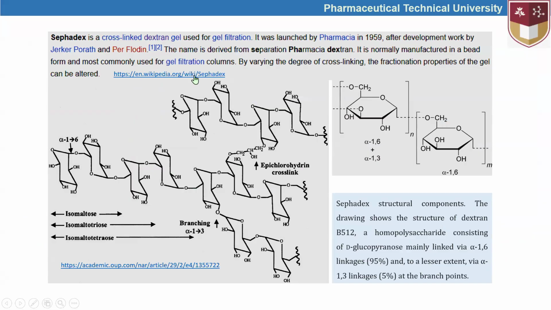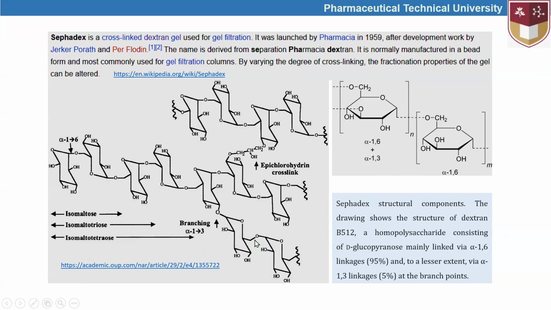Yes, Sephadex is a cross-linked dextran. This is the structure of dextran. I think it is also obtained from the seaweeds. It's not written here. Okay, the point that we have to understand is that dextran has alpha 1,6 and 1,3 glycoside bonds.